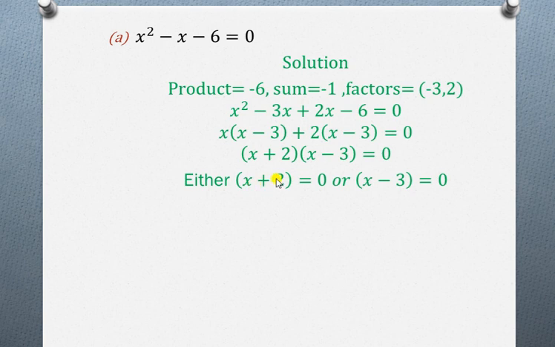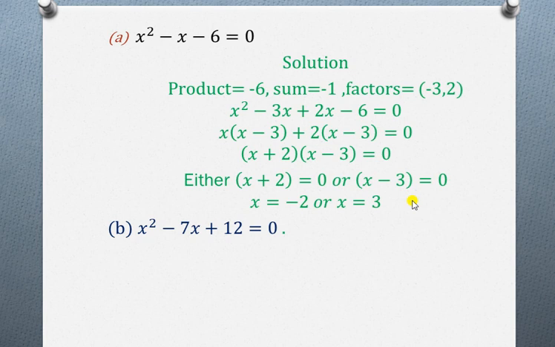If I'm to solve this, then positive 2 can be moved to the right hand side and its sign will change to a negative. And if I'm to solve this, the negative 3 will move to the right hand side to become a positive 3. And that is how we simply get our solution as either negative 2 or positive 3.